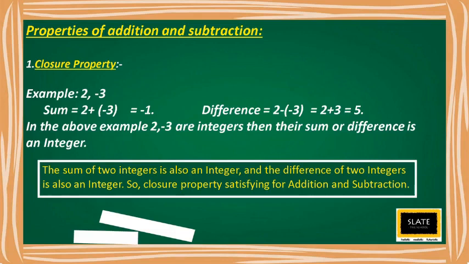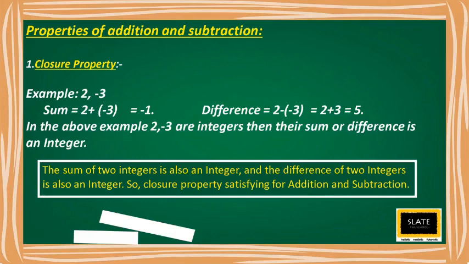As these two integers have opposite signs, we find the difference between their absolute values and the answer has the sign of the integer with the greater absolute value. Here, absolute value of 2 is 2.